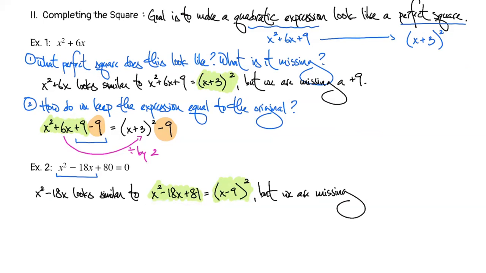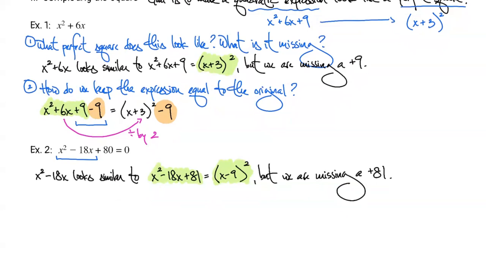Oh, plus 81. Yeah, we're missing a plus 81. Perfect. So if instead of x squared minus 18x, I added 81 to make it a perfect square, what do I have to do to balance that out?